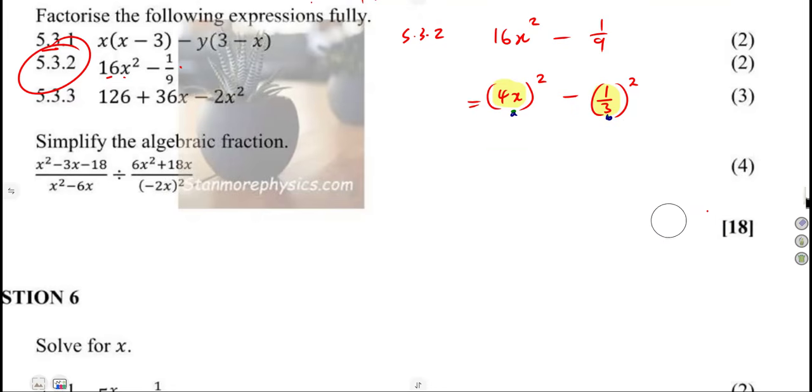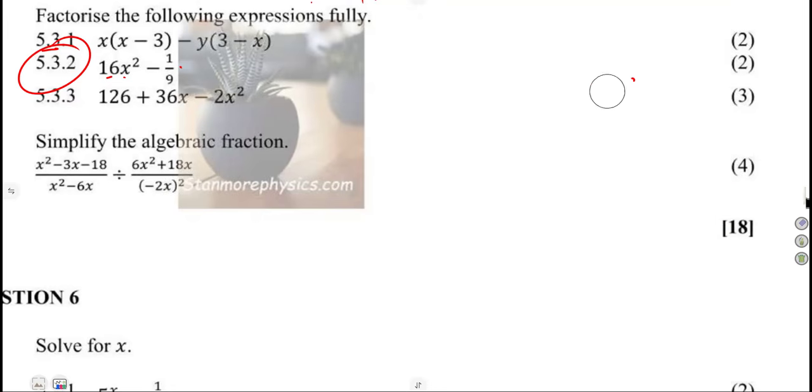All right, let us consider another part, which is a quadratic from this trinomial that you're given. We can even start with this, negative 2x squared plus 36x plus 126.